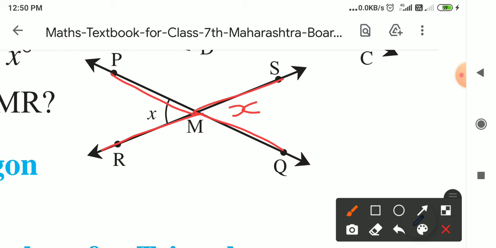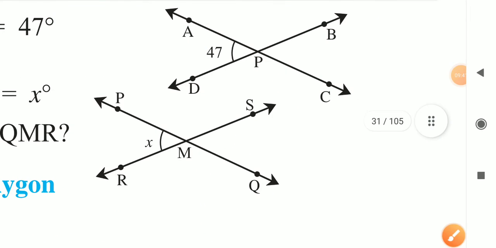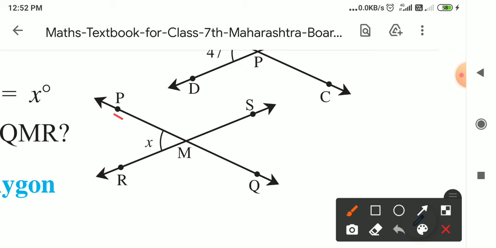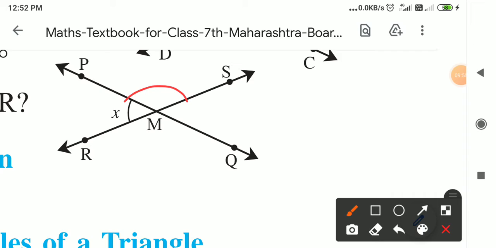Why? Because these are vertically opposite angles. So in this example, the measure of angle PMR and SMQ is X degrees, as I told you. Now we have to find the measure of angle PMS. How to find PMS?